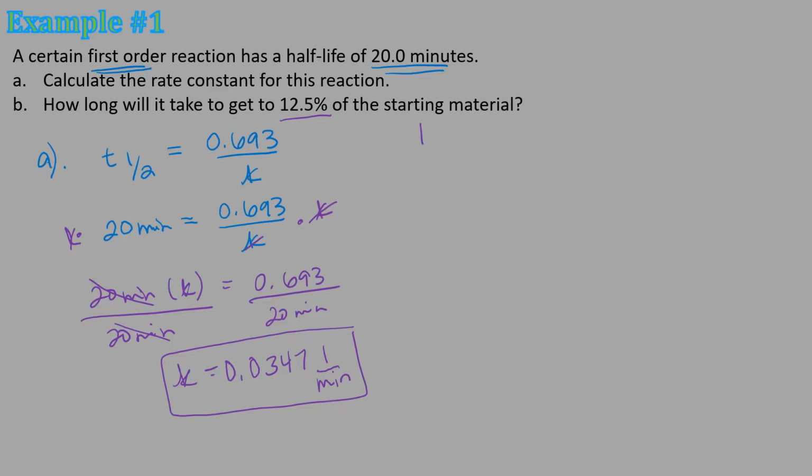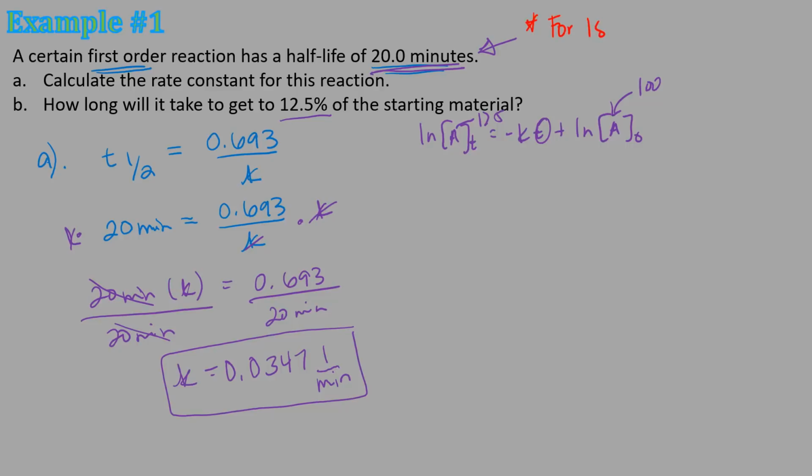How long will it take to get to 12.5% of the starting material? Now for this, you could use this equation, where you could start off with 100% here, go down to 12.5 here, solve the equation for time, and that would work. But you don't have to. If I look for first order reactions, the half-life is always the same amount of time. So it says right here that the half-life is 20 minutes long. So let me write that up here.